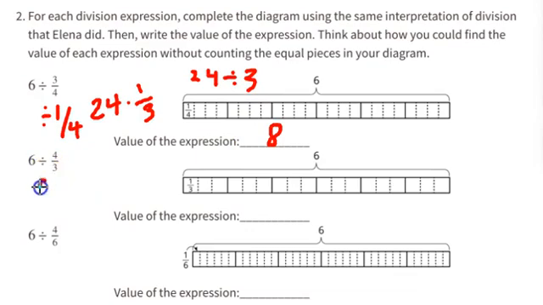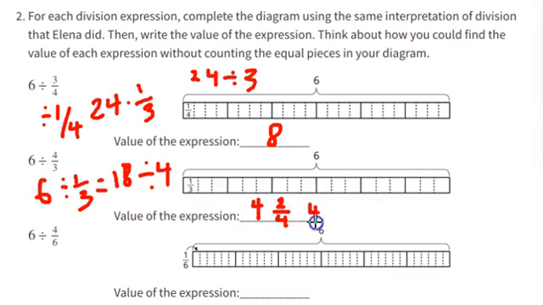Well, what is 6 divided by 1/3? It's going to give us 18, right? Because there are 3 1/3s in each one. Now what do we need to do? We're talking about groups of 4 of those thirds. So 4 will go into that 4 whole times, leaving you with a remainder of 2 out of 4, or 4 1/2.